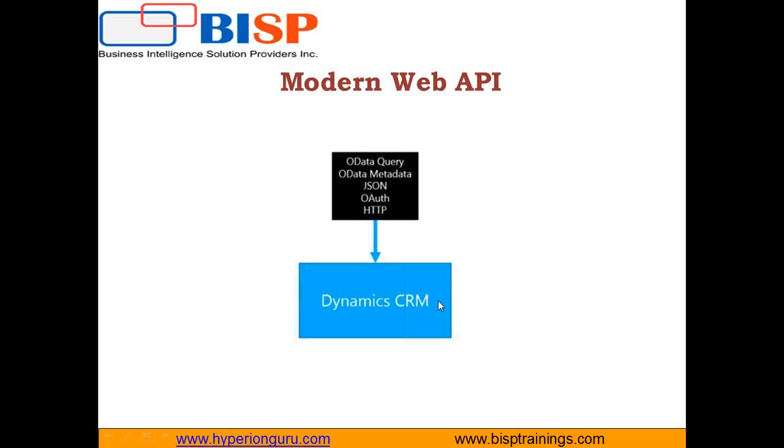Because the web API is built on open standards, we don't provide assemblies for a specific developer experience. We can compose HTTP requests for specific operations or use third-party libraries to generate classes for whatever language or platform we want.